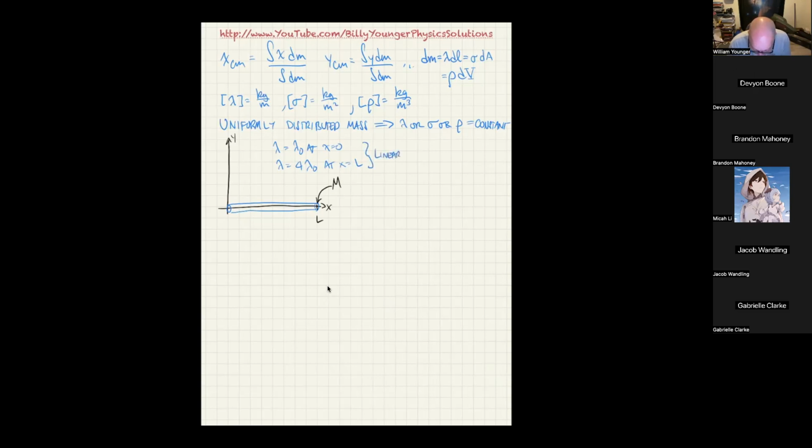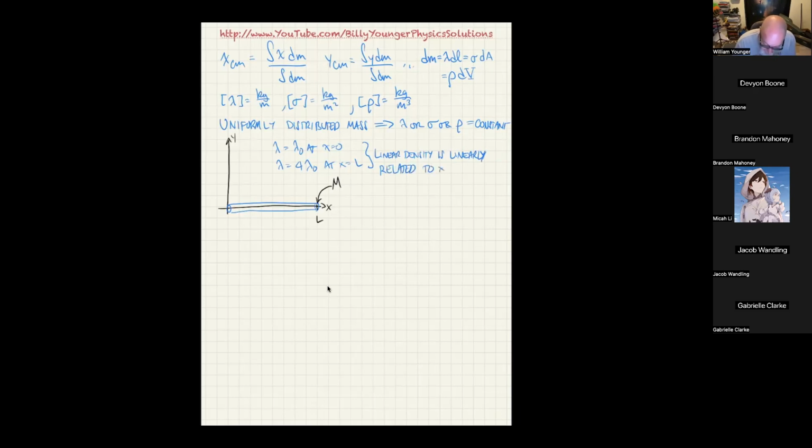What I'm also going to tell you is that the linear density, not related to linear equations in this particular version, is linearly related to x.